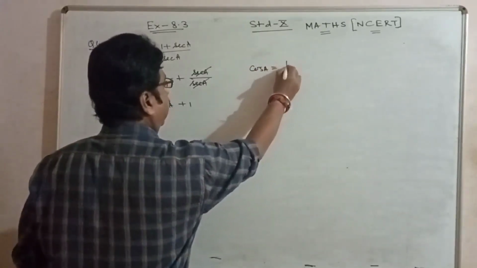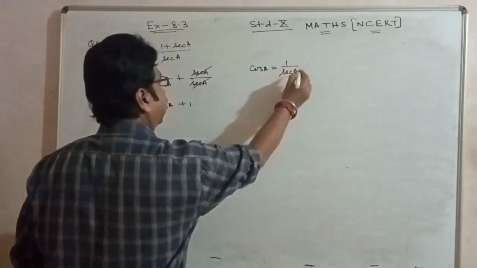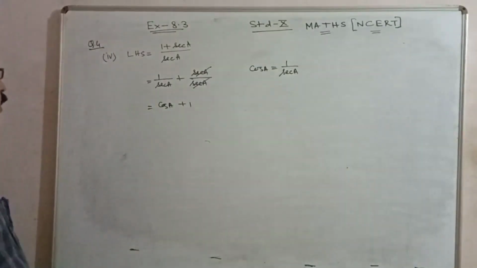Cos A means 1 upon sec A. In place of 1 upon sec A, we have written here cos A.